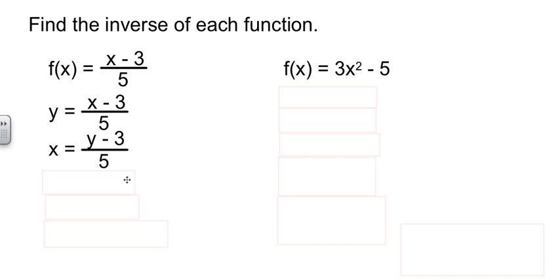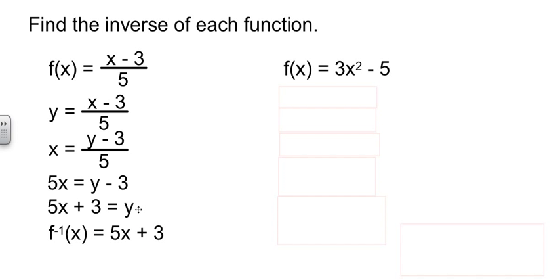Well, first we need to multiply by 5 to get it out of the way. We don't like fractions, so we get rid of it. Then we need to add the 3 over. And now we've got y by itself. Now we just need to turn it into inverse function notation. So I change the y into f inverse of x. And I switched the sides of the equation just because I was always taught to write it this way. I guess it doesn't really matter, but I just wanted to stick with what I know.